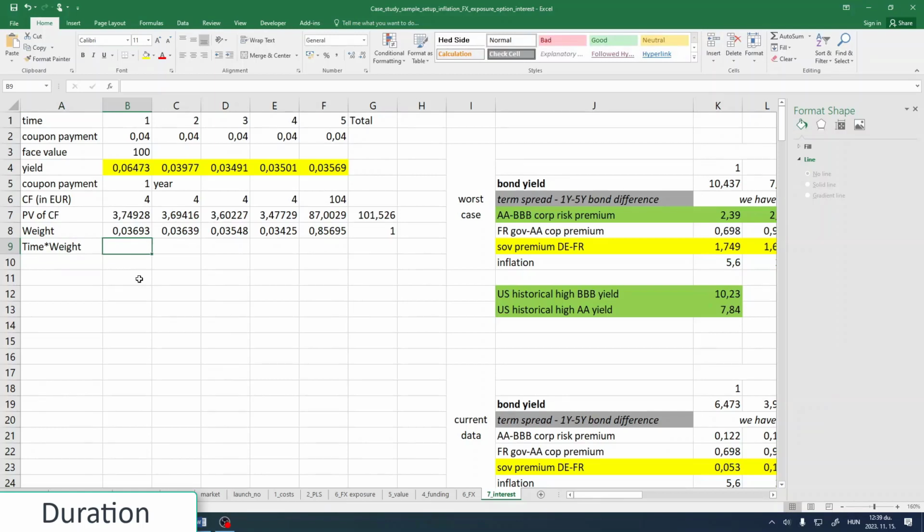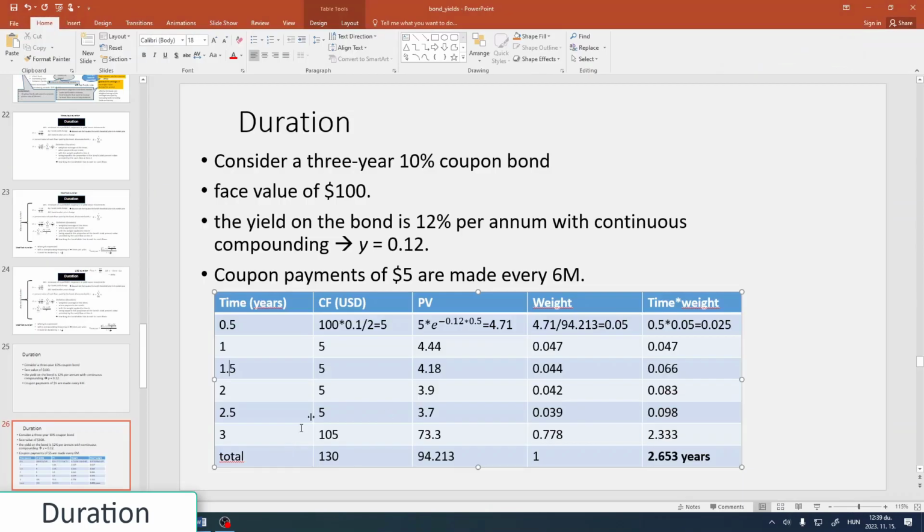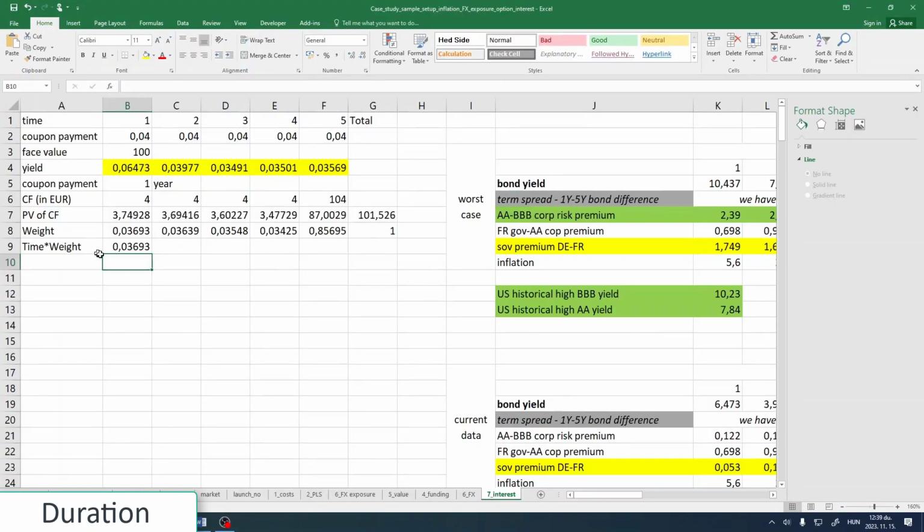And then if we are doing the weight multiplied by time, then we will see that it will increase here because this is one multiplier. And if we are summing this thing up, then this will be duration.